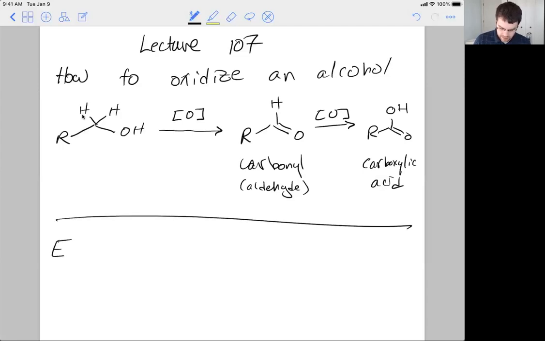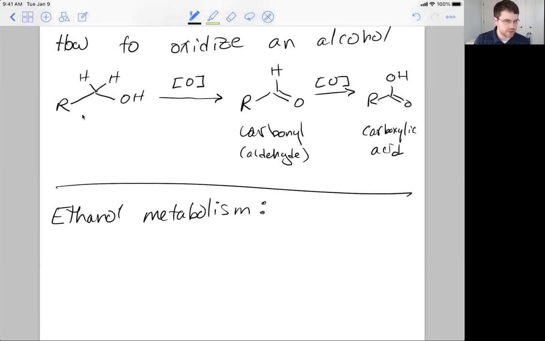So let's go through ethanol metabolism briefly. Sorry, I got distracted there for a second. I was making sure I had the names of the players that allow us to excrete and metabolize ethanol. When ethanol is consumed, we have to recognize this is a toxic molecule.